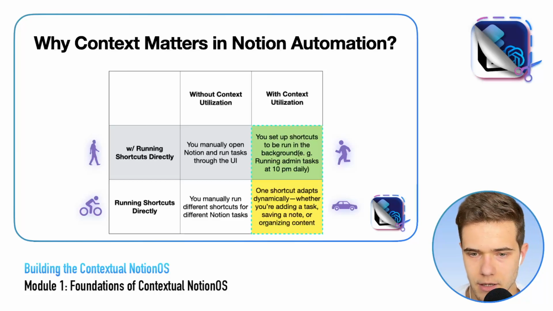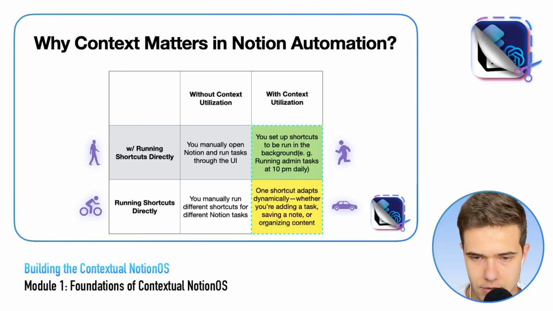If you are not using context utilization and you are not running shortcuts, you manually open Notion and run tasks through the UI. That's what the majority of people do, and that's actually not a very efficient way of using Notion, especially when such tools as shortcuts exist.